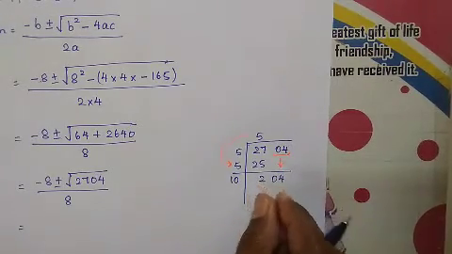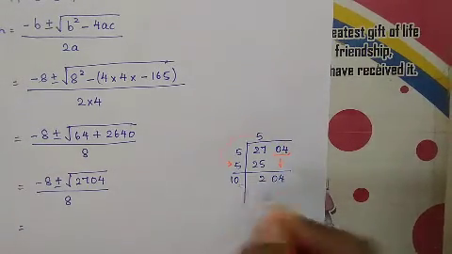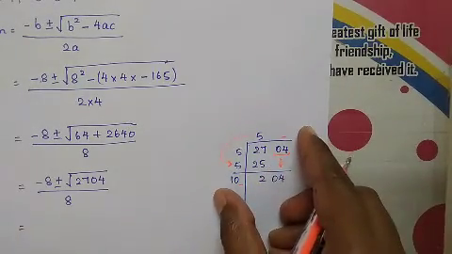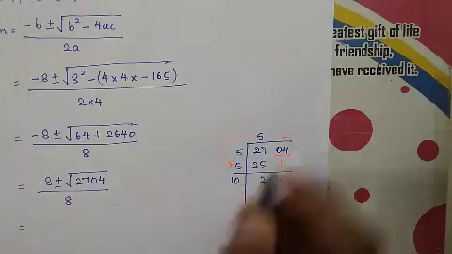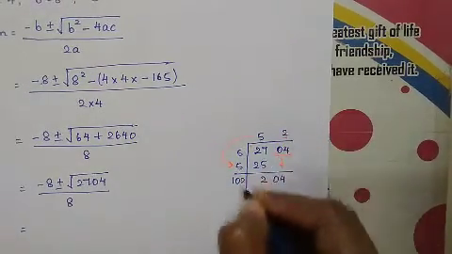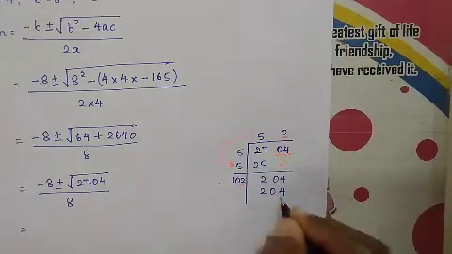We have to get this number in the next multiples. Now I should get a number here, so that if I multiply these two numbers, I should get 204. Now let us take 2. 2 into 2 is 4, 2 into 0 is 0, 2 ones are 2.